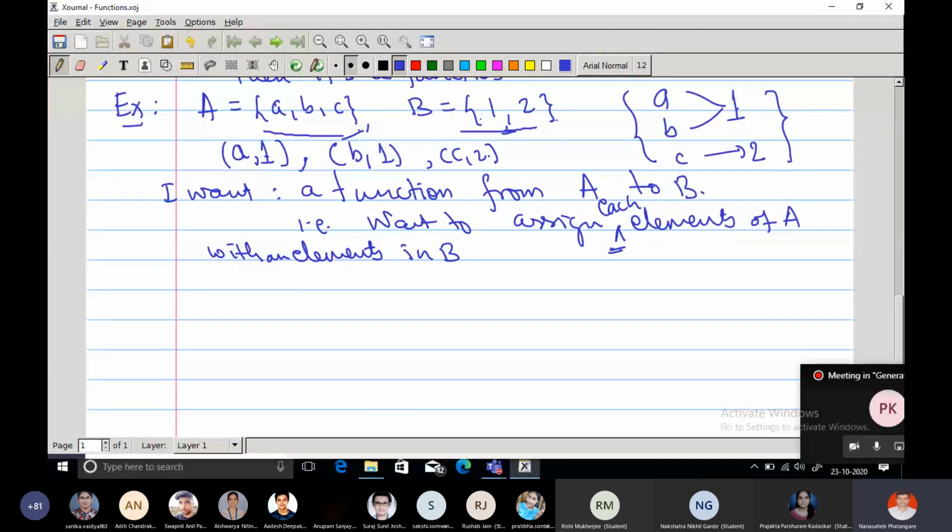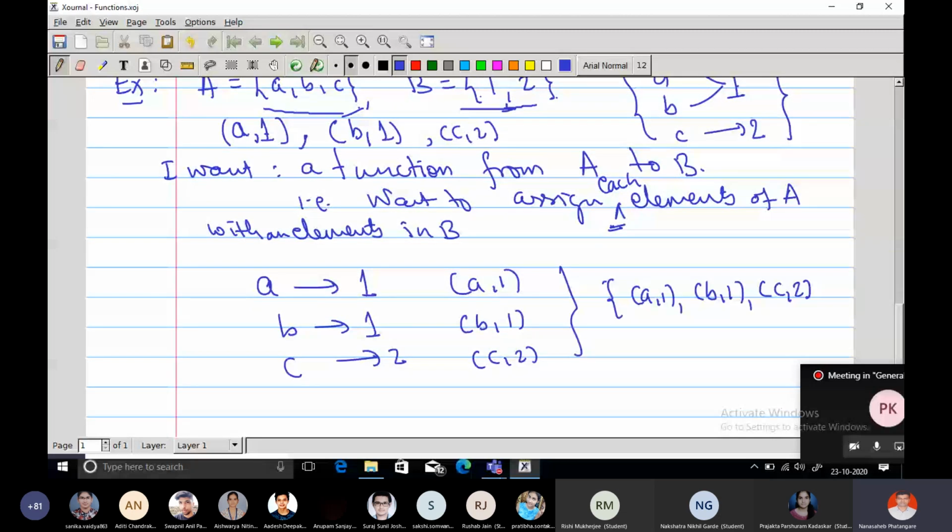But what are the pairs? Suppose we are assigning A with 1, B with 1, and C with 2. So we are making pairs A comma 1, B comma 1, and C comma 2. If we consider all these pairs together, this complete set of pairs gives us some definite information.